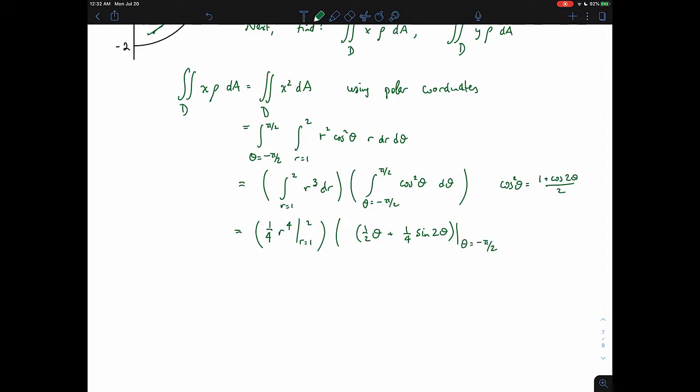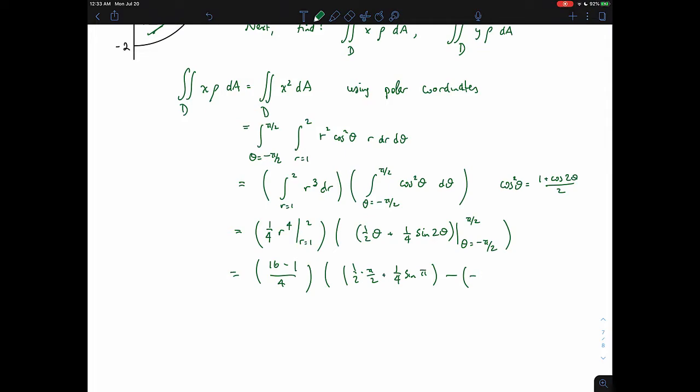Let's see, theta goes from minus pi over 2 to pi over 2. Alright, so in our first factor we have 2 to the 4th, which is 16, minus 1 to the 4th, which is 1, all divided by 4. Now we'll plug in theta is pi over 2, and we have 1/2 times pi over 2 plus 1/4 sine pi, and then we'll subtract what we get when we plug in theta is minus pi over 2.